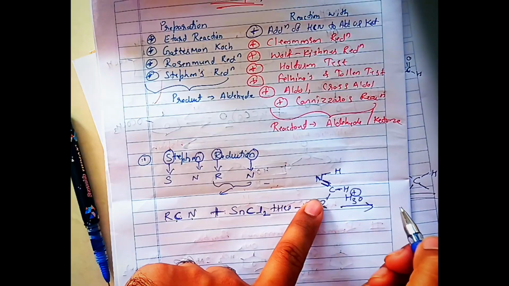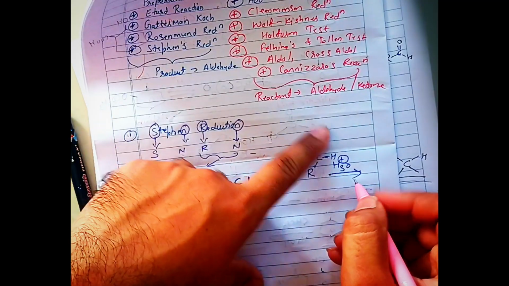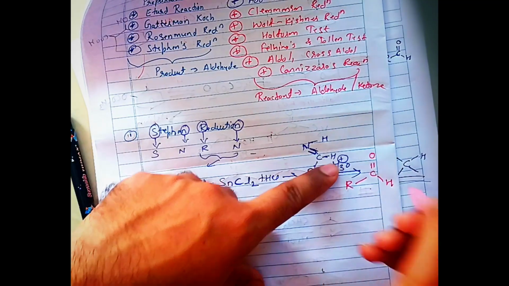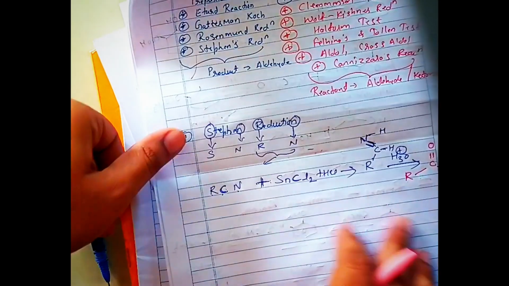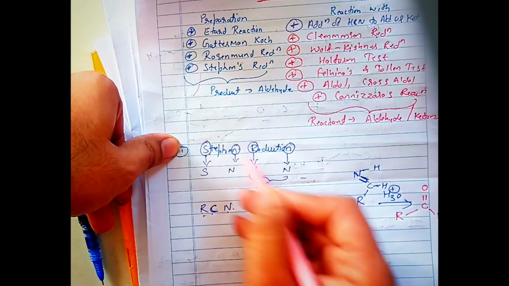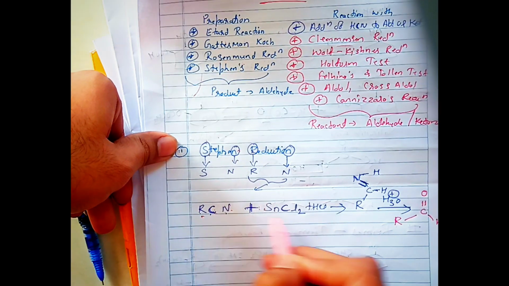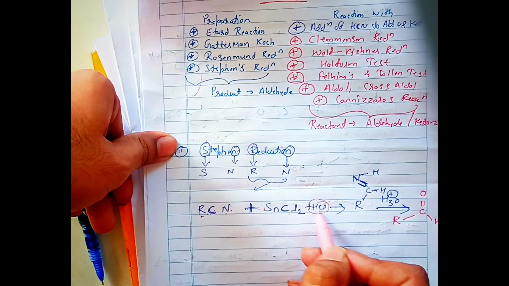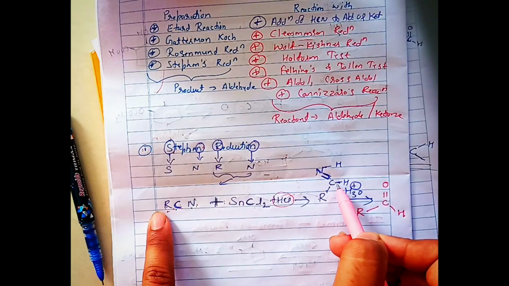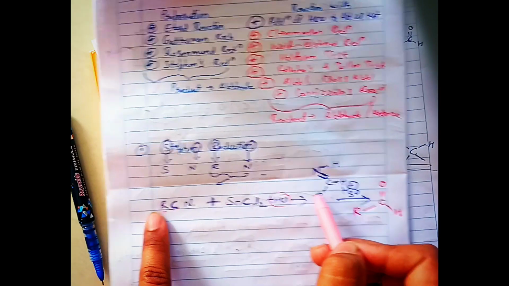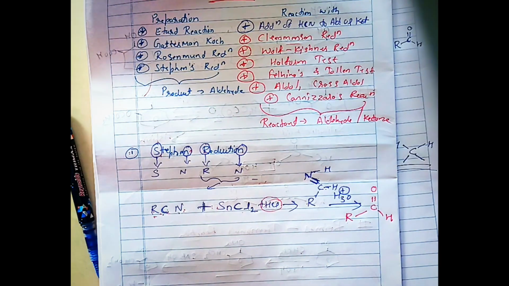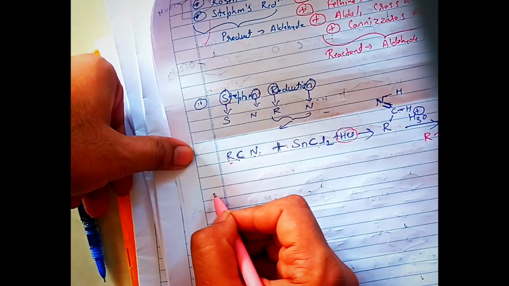Then I will do protonation and get the aldehyde as the product, R C double bond O H. So Stephen reduction is that easy, right? RCN, SnCl2 plus HCl in acidic medium, add H and H, add the double bond for valency, then protonation gives aldehyde. That's all, right?